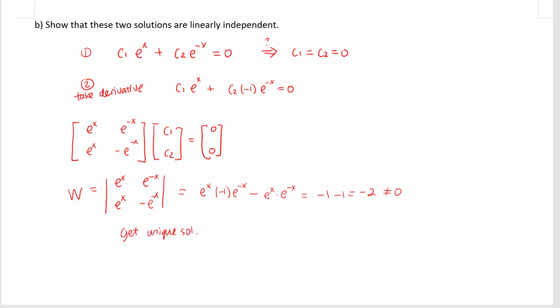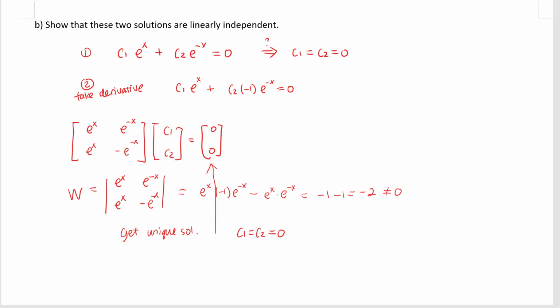But because the right-hand side is zeros, remember, this is a homogeneous linear system. That's why the unique solution is the trivial solution. It means C1 and C2 are both 0.